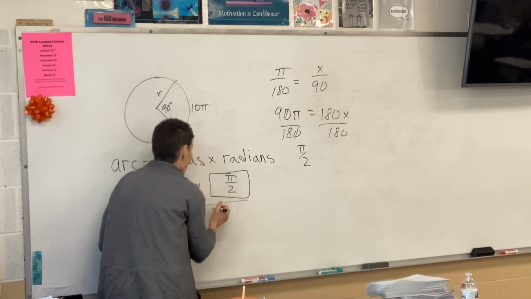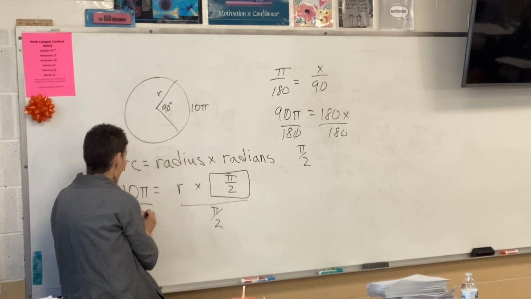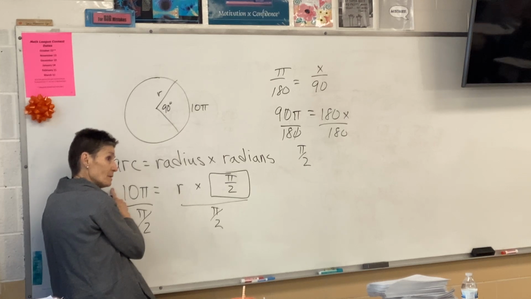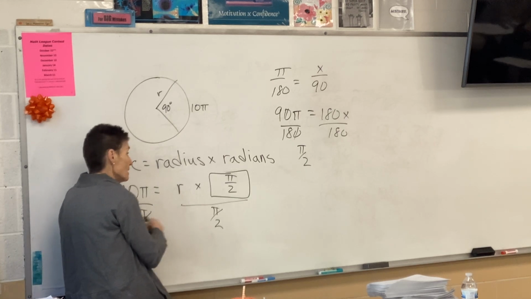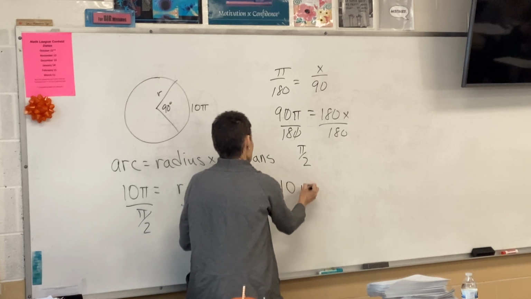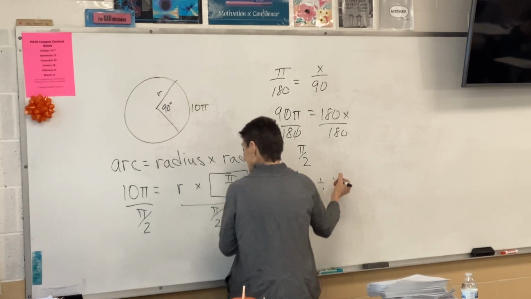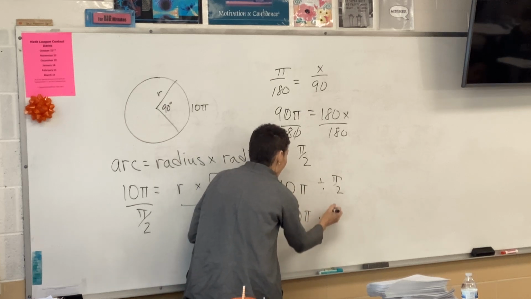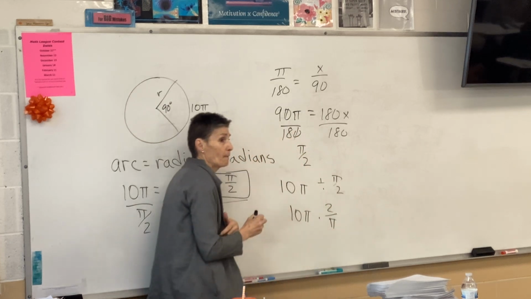But when you divide by a fraction, what does that mean? Keep, change, flip. So this is going to be 10 pi divided by pi over 2. So 10 pi times 2 over pi.